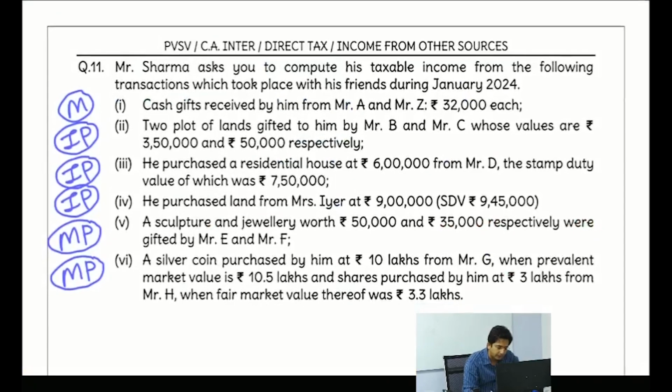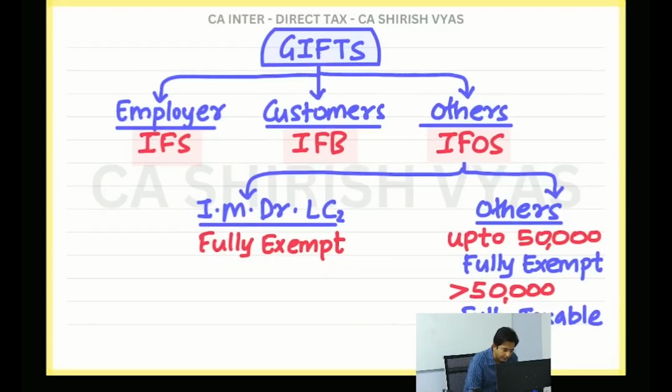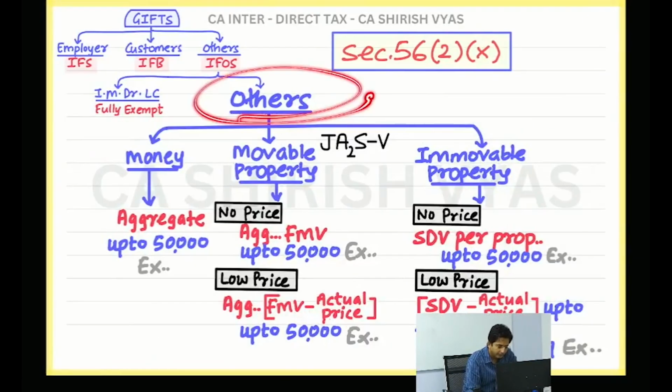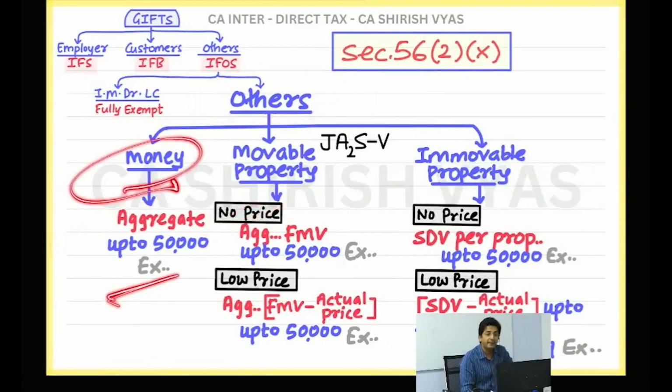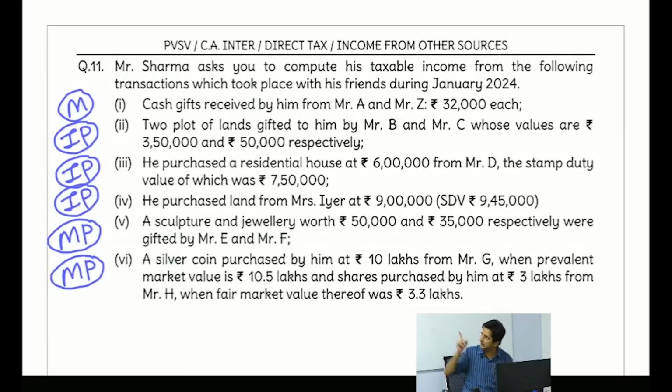So let us check in our question. Is this gift from A and B from I am Dr. LC? It nowhere fits. So I am sure it is other gift. And in that also, wait, is it money, movable or immovable? Money. So aggregate. Aggregate of the whole question. In the whole question we saw this is the only point of money gift. So total up.